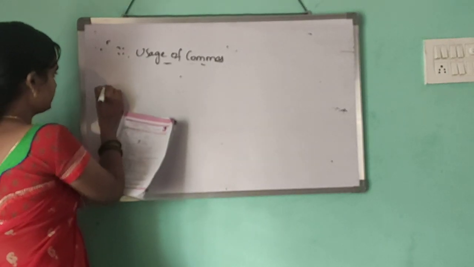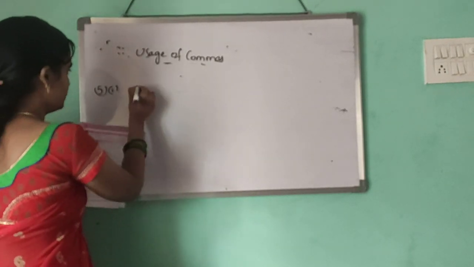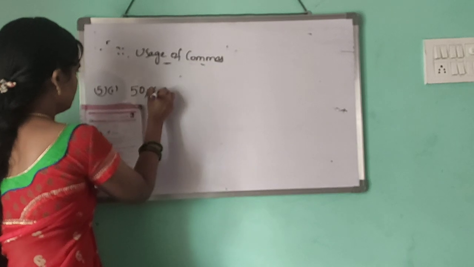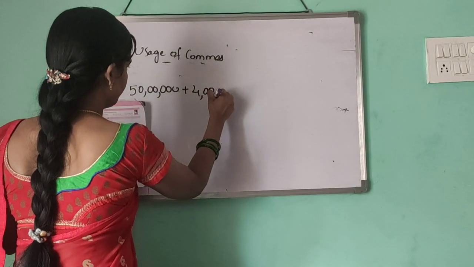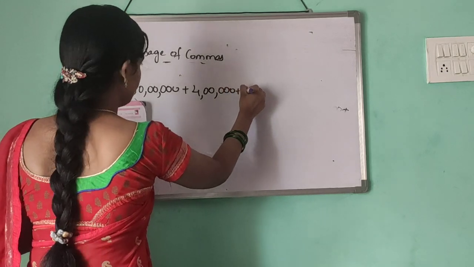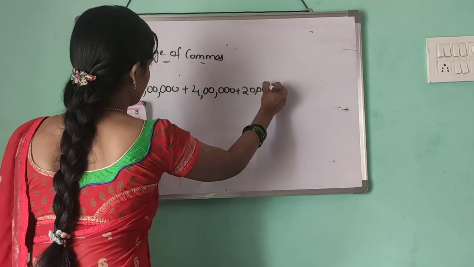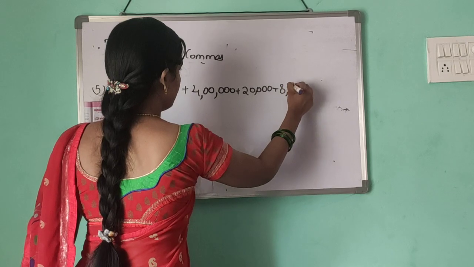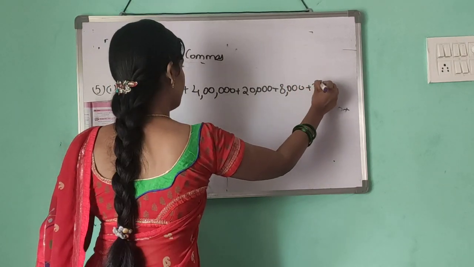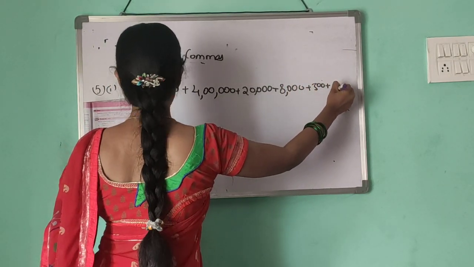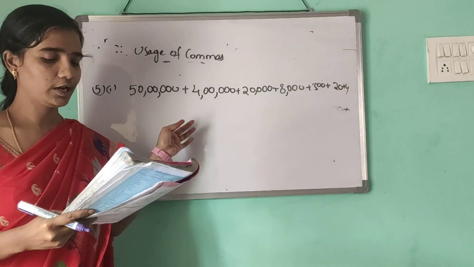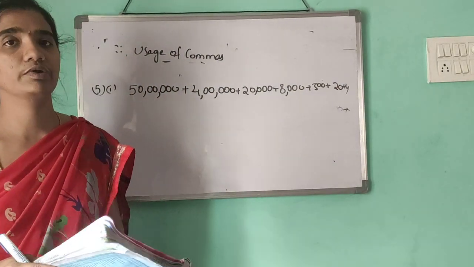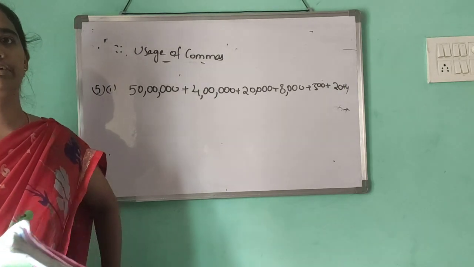Move on to the fifth one, first bit. 50 lakhs plus 4 lakhs plus 20,000 plus 8,000 plus 500 plus 20 plus 4. Write the following numbers in short form. We already did the same previously.